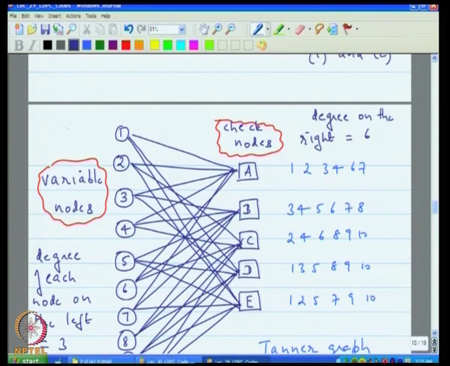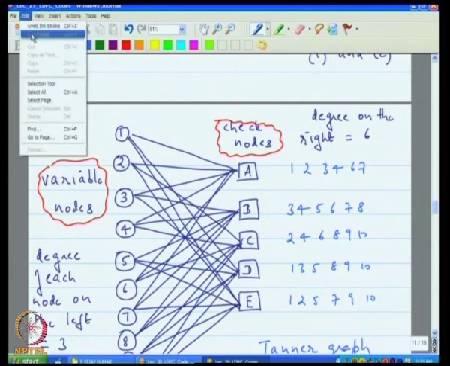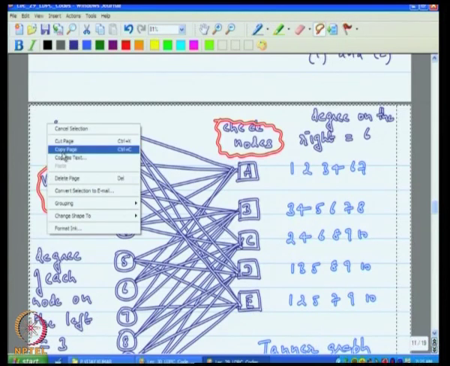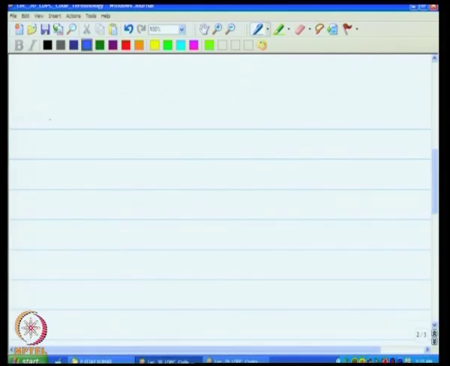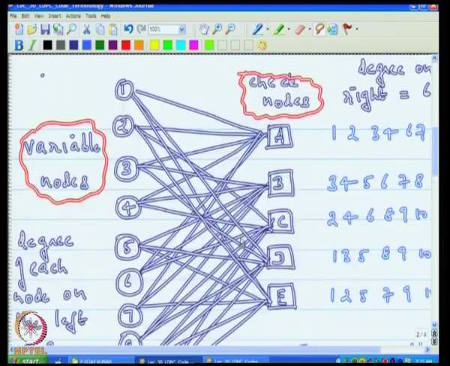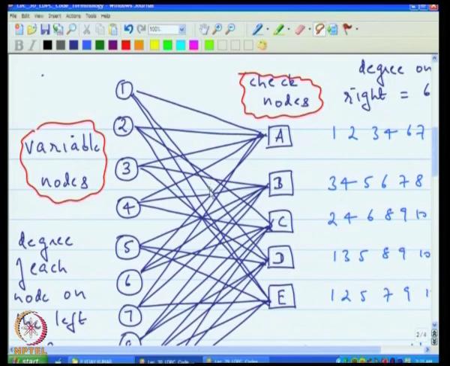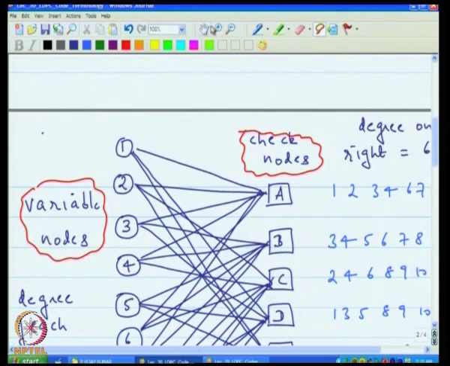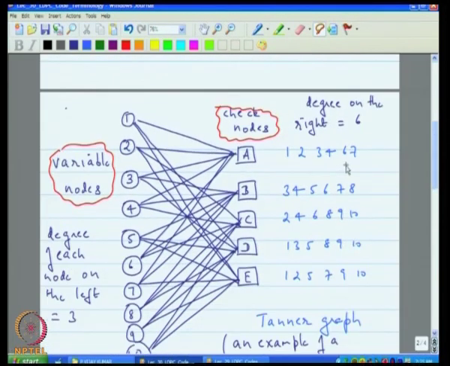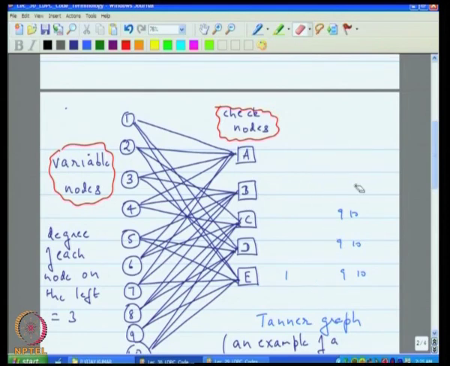And I am going to copy over this particular graph here. Okay, here we go. I am going to remove some of this notation which we do not need at this time.